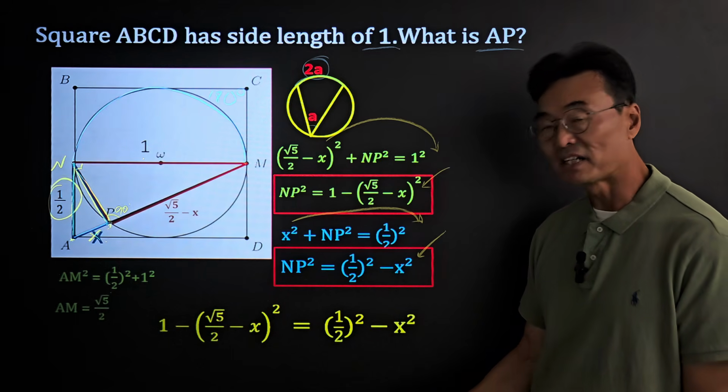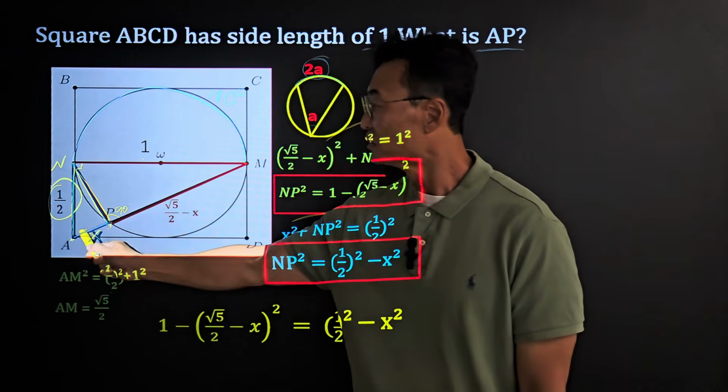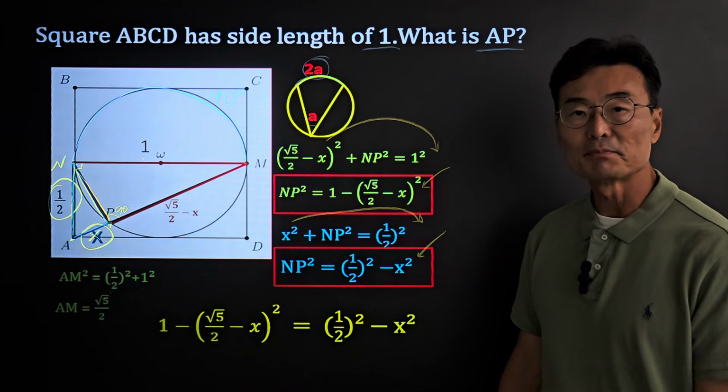Now we can simplify this expression and solve for the value of x, which of course is the length of AP.